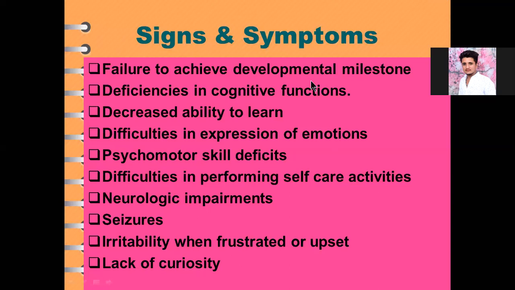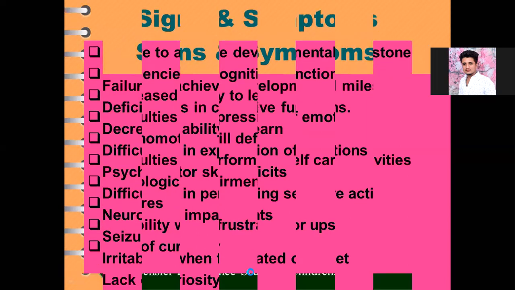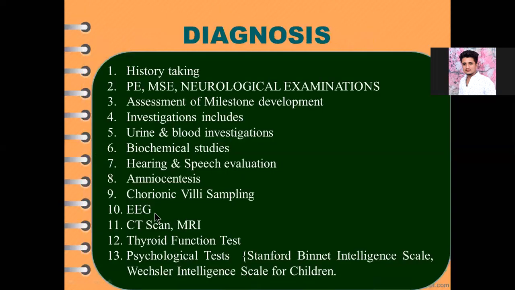These are the things you commonly need to know in the signs and symptoms of mental retardation. Next, we want to see how we are going to diagnose mental retardation. Mental retardation is diagnosed by collecting proper history. You start from the antenatal period. When the mother is conceiving, you need to monitor the mother and the baby properly by doing physical examination, mental status examination, and neurological assessment.